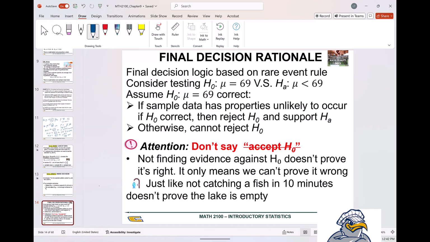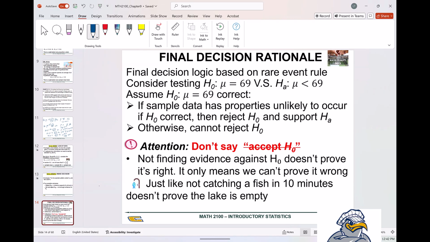Otherwise, you cannot reject H naught. And attention here: we don't say accept. You reject H naught, or you say you cannot reject H naught at significance level alpha. You don't say you accept H naught. Why? Because the logic here is that not finding evidence against H naught and in support of H A doesn't prove it's right.